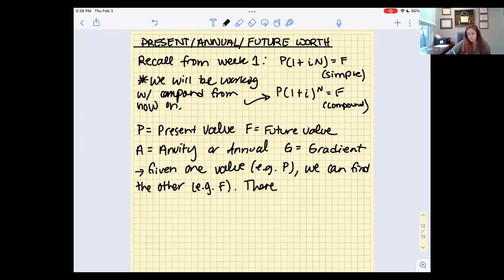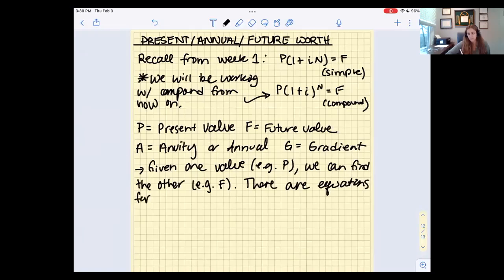And there are equations for all of these variables. However, you know, it could be a lot of algebra to work with those equations. They get more and more complicated, especially with the gradients, because they're just kind of crazy.